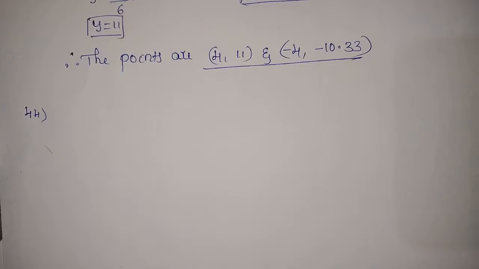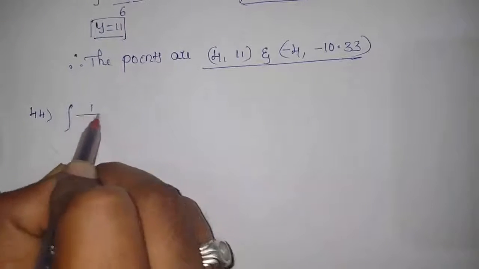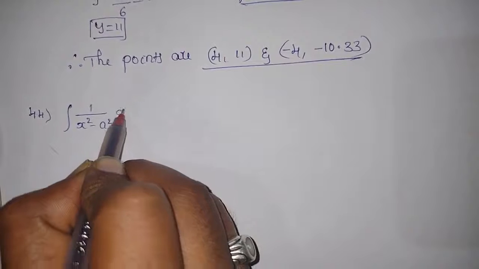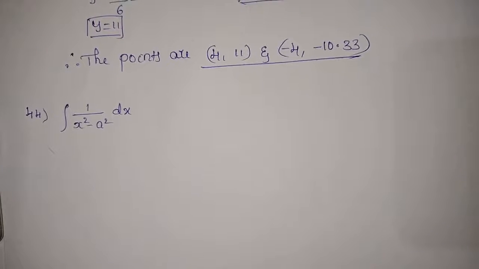Find the integral of 1 divided by x square minus a square into dx, and also solve one of the problems. Clear? Yes.